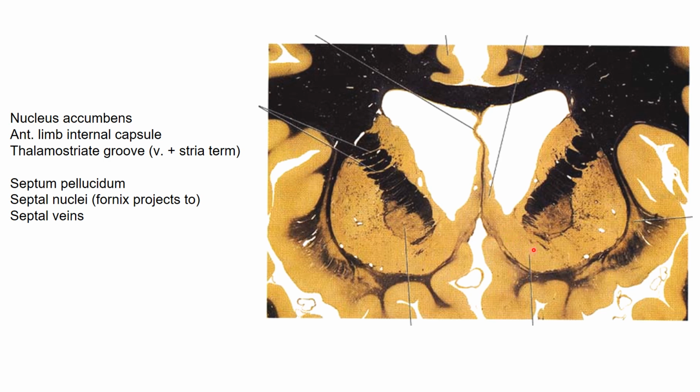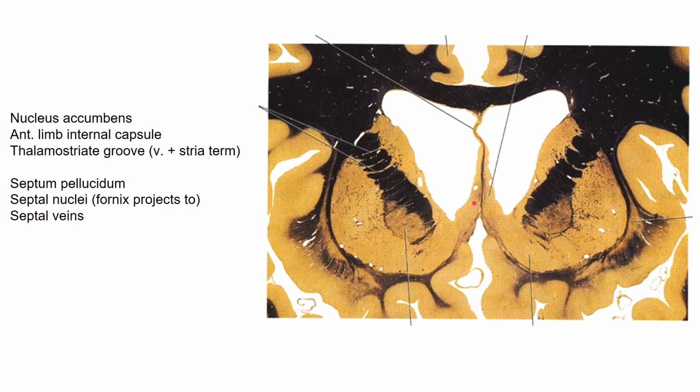Now, granted, since we're so far anterior, we have a new little player we want to take a look at. So we have our septum pellucidum, and then we would have our fornix, but we're actually a little bit in front of the fornix. And although these look a lot like fornical columns, the best way to differentiate these columns from this being the septum pellucidum coming down into these septal nuclei, which is what this is.